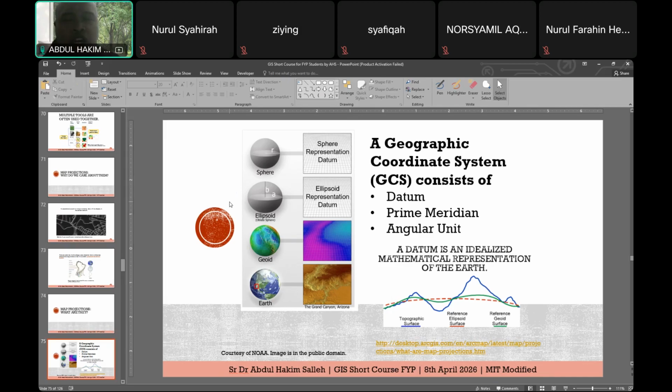If I'm not mistaken, the continents near Hawaii island move 5 centimeters per year. That's a lot. Okay, so the ellipsoid representation datum is the best that we have currently, not this one, the circle one, because the Earth is like an ostrich egg because of the spinning effect, the centrifugal effect. Okay, therefore, the perfect sphere Earth is actually not true.